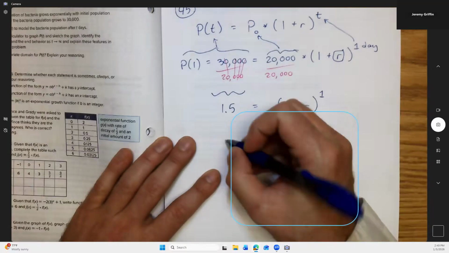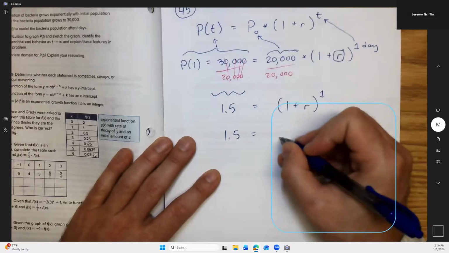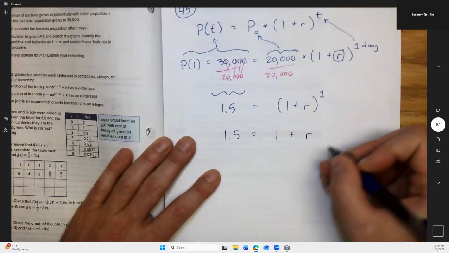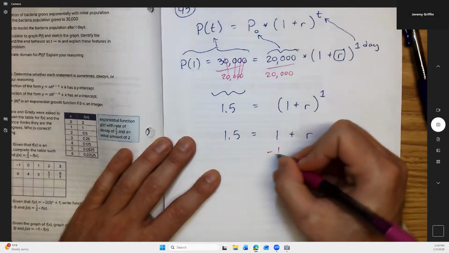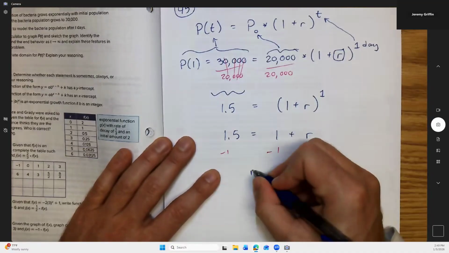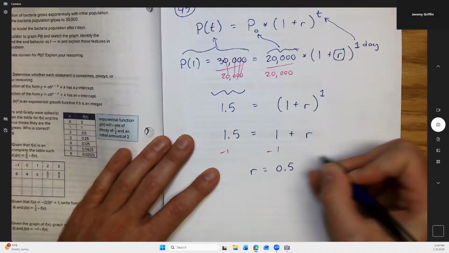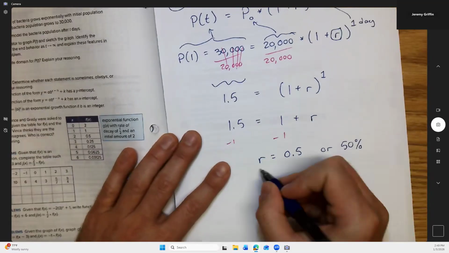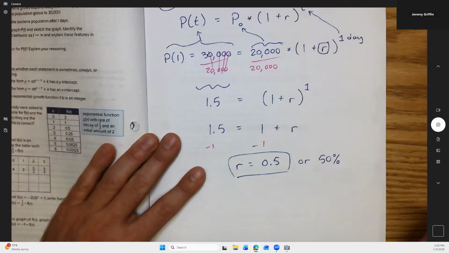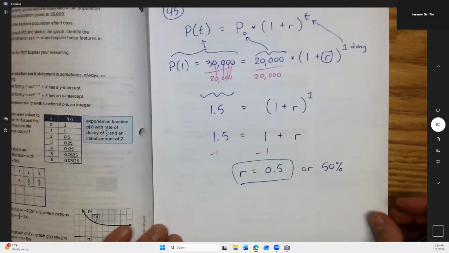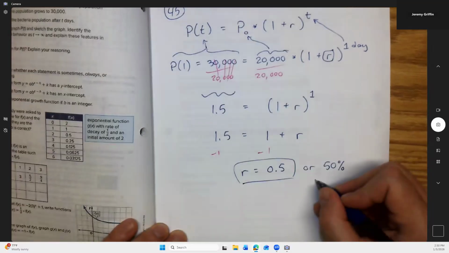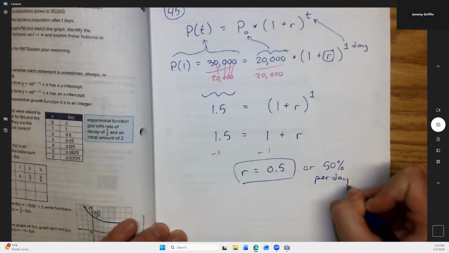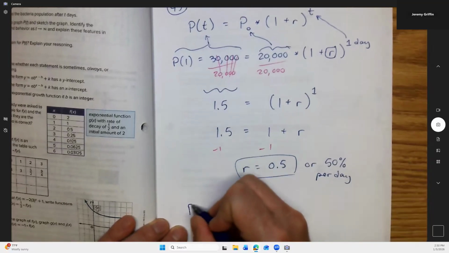So I have 1.5 equals 1 plus r. Subtract 1 from both sides. r equals 0.5 or 50%. So it looks like it's growing by 50% every day. So per day.